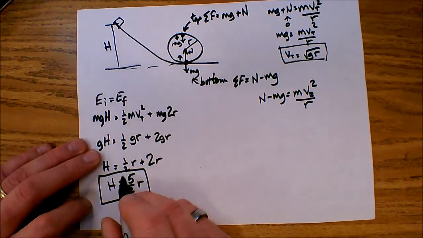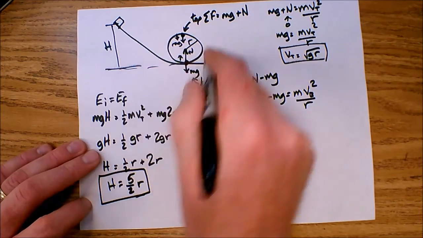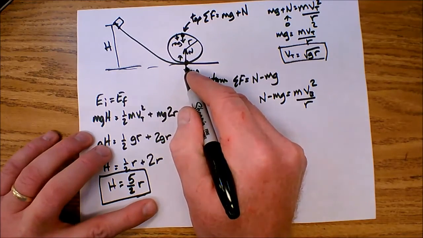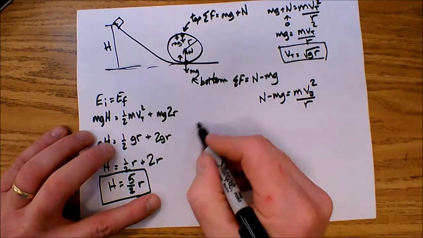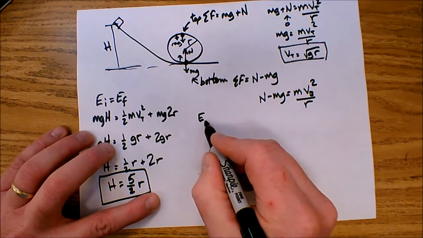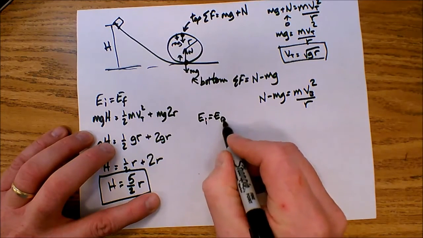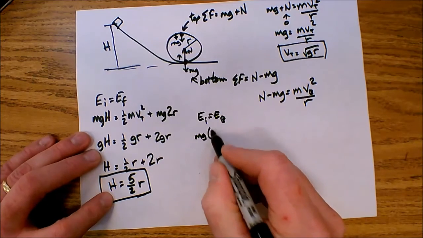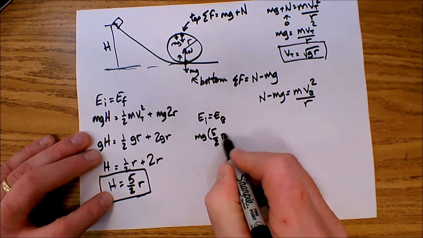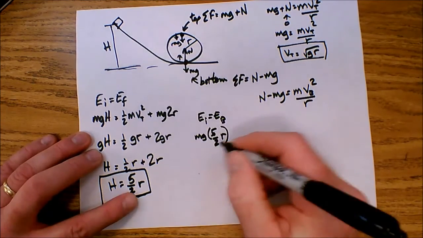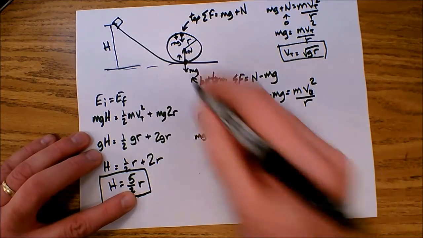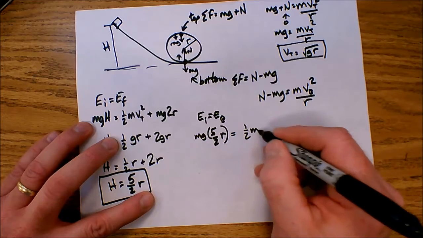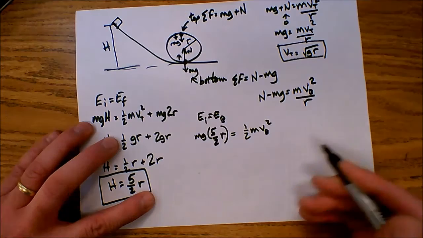So releasing from that height on this frictionless ramp will allow it to reach the top with just the right velocity. So what would be the velocity at the bottom then? Well, for velocity at the bottom, I would do energy initial equals energy at the bottom this time. So what I have is mgh, that's mg times 5/2 r, equals the energy at the bottom. At the bottom, it's at ground level, so all of the energy is kinetic, 1/2 m v_bottom squared.